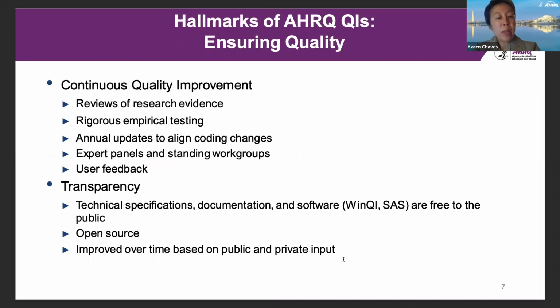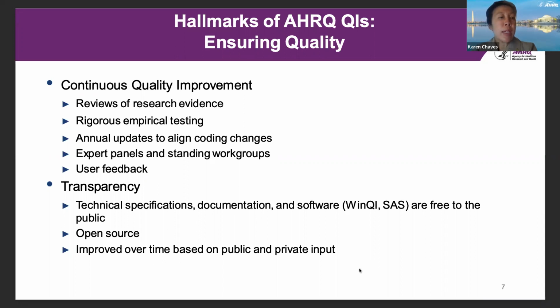So annually, the QI program aims to make this work available for continuous quality improvement and for transparency. We make our technical specifications and associated documentation publicly available, and the software is open source and is improved over time based on the input we receive from users like you and from technical experts.